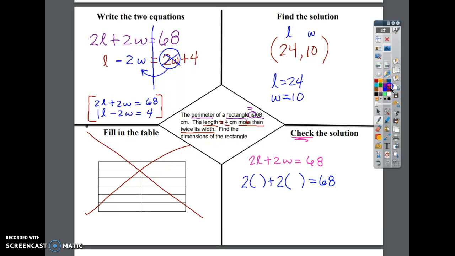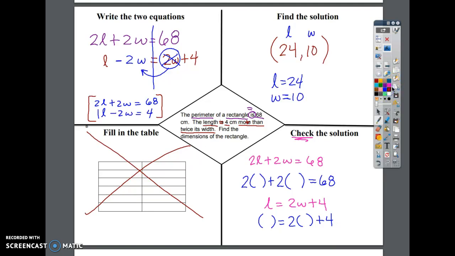Okay? And then you're going to use the other formula, which was L equals 2W plus 4. And you're going to change the letters to parentheses. And we're going to plug in the numbers that we found.